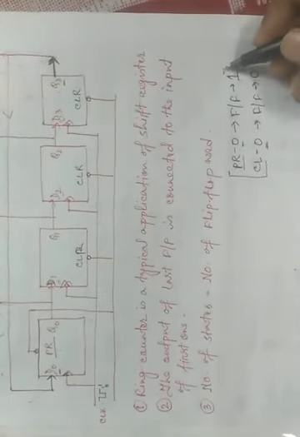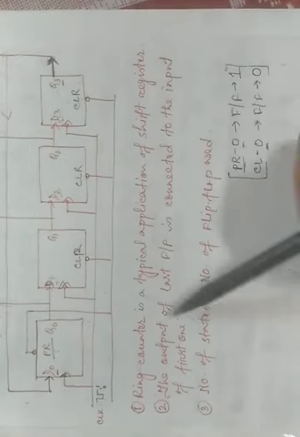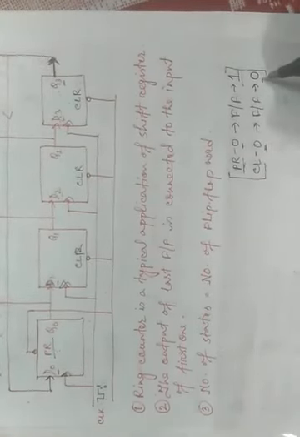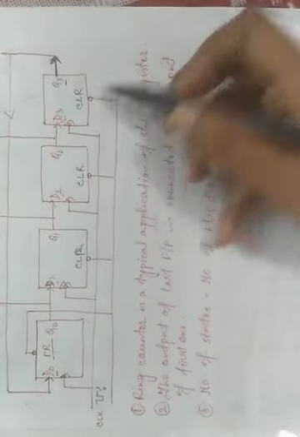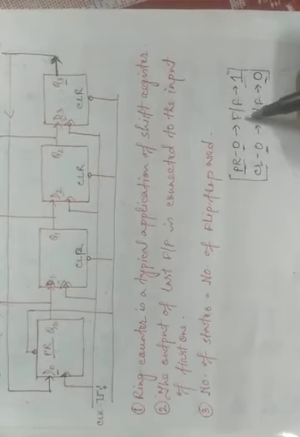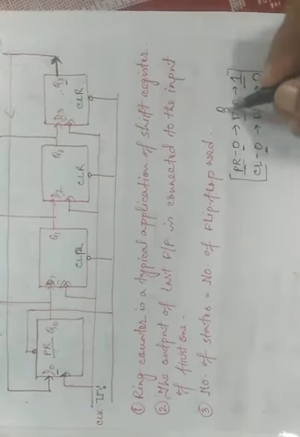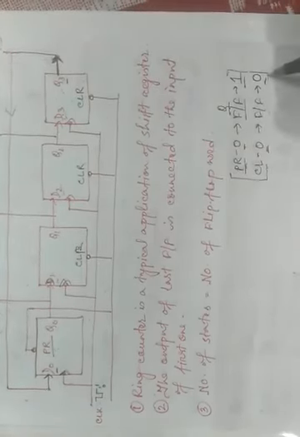That's why it is known as overriding input. Preset means it sets the flip-flop value as 1, and clear means it resets the value as 0. And as it is connected with a complemented value, for the 0 value preset changes the flip-flop output Q to 1, and clear changes the flip-flop output to 0.